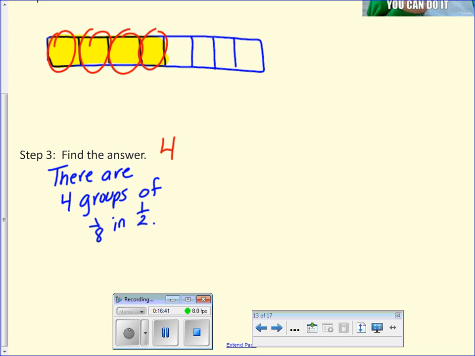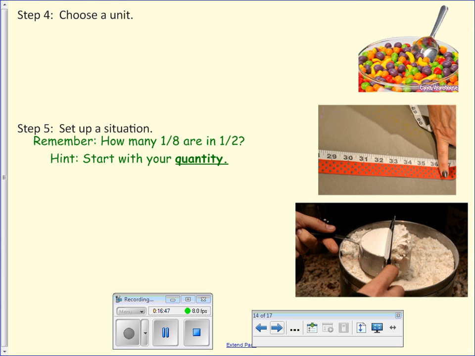All right, so now we get to be a little creative. So we can choose our unit now. We could use pounds of candy, yards of ribbon, pound of flour, cup of flour, length of wood, whatever unit we want.